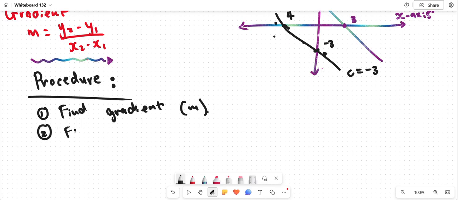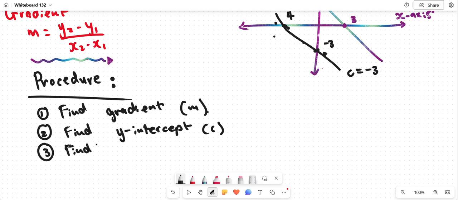The second thing we need to find is the y-intercept, that C value. And as soon as you find those, you can therefore find your equation. So these are the 3 steps that we're always going to follow. Let's jump right into it and look at an example.